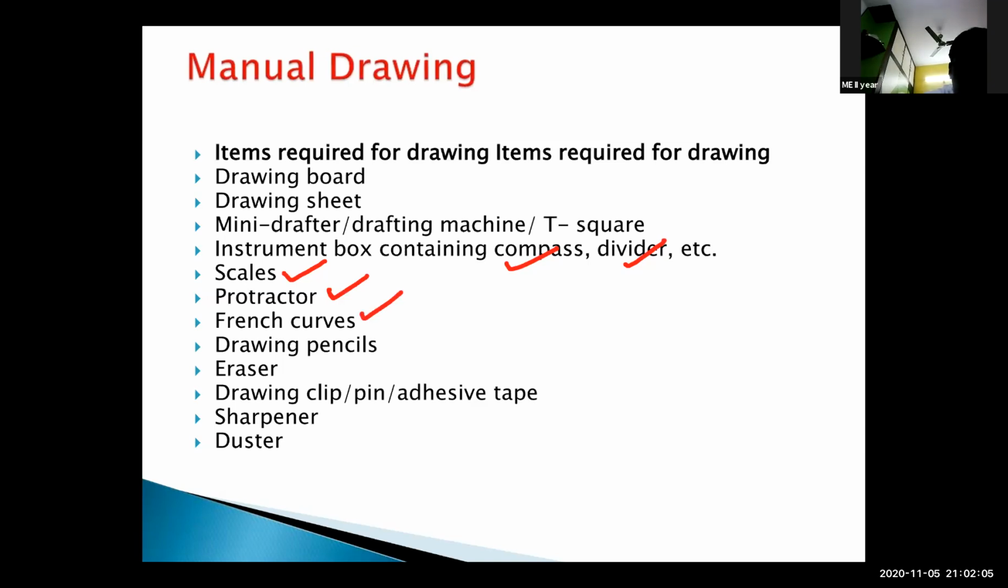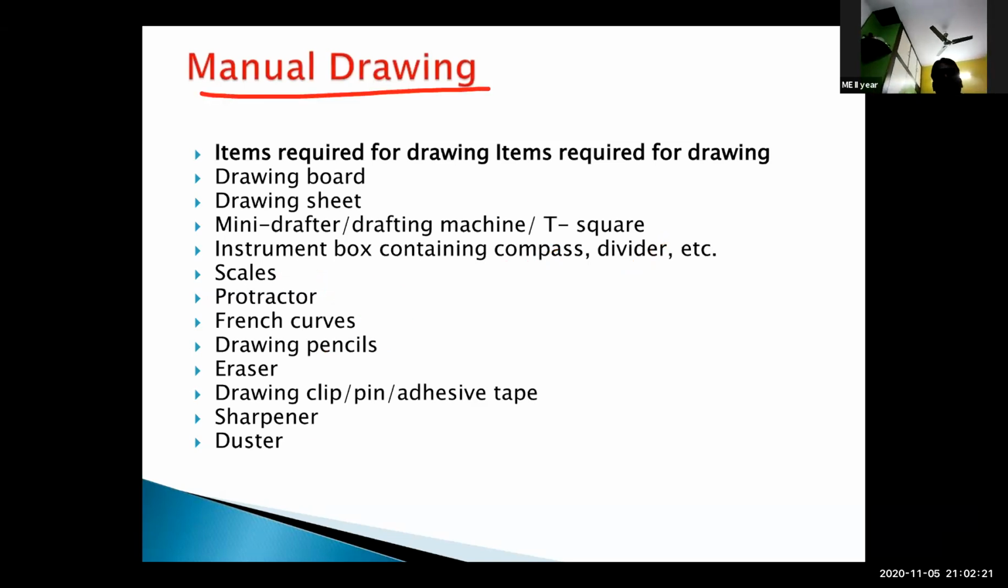French curves are required to draw the curves, and drawing pencils are required to draw the drawings. Eraser is required, and sharpener is required. These many things are required in the manual drawing.